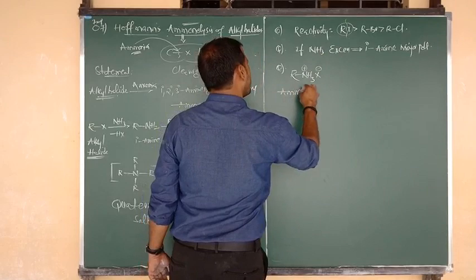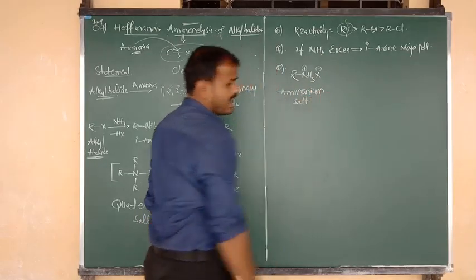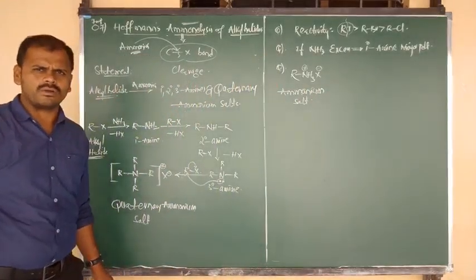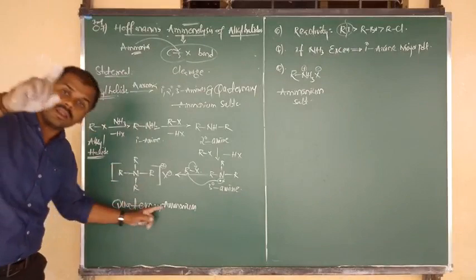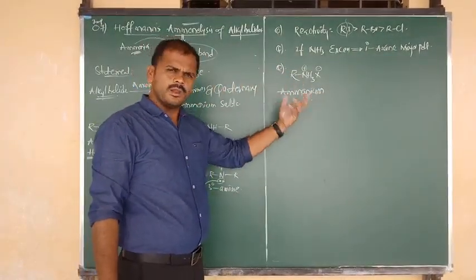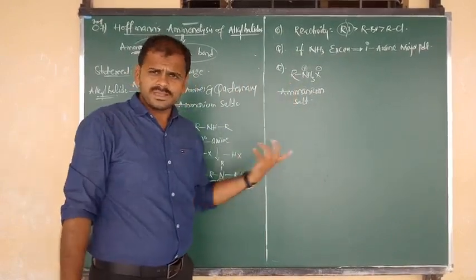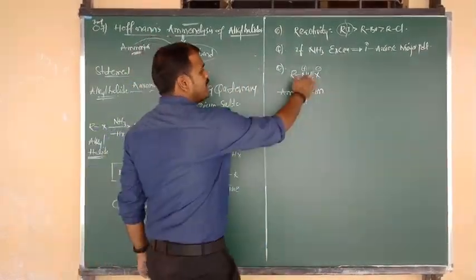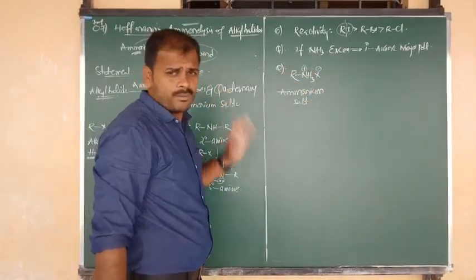This is the simple formula of an ammonium salt. I am not saying quaternary ammonium, which is R4. This is just an ammonium salt. Plus and minus are there, looking like NH4 plus, where one H is replaced by an R group. Anyway, this is also an ammonium salt.